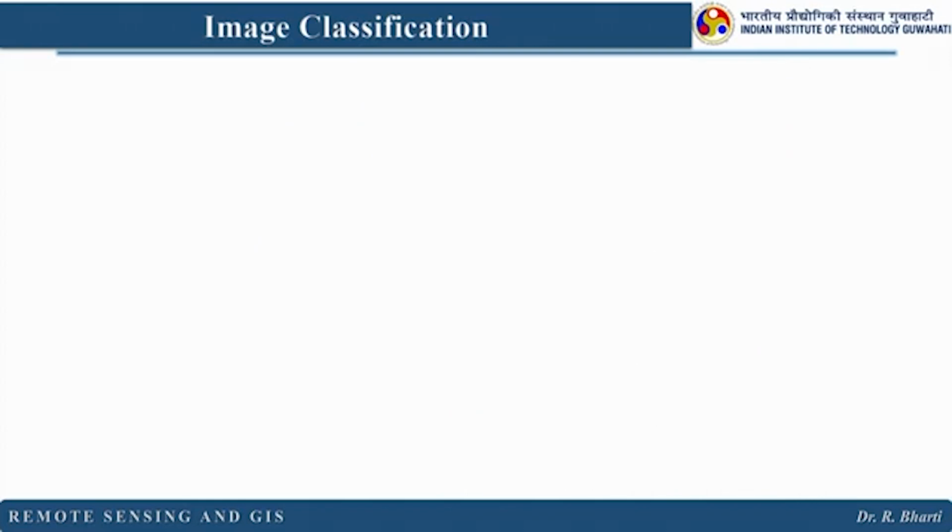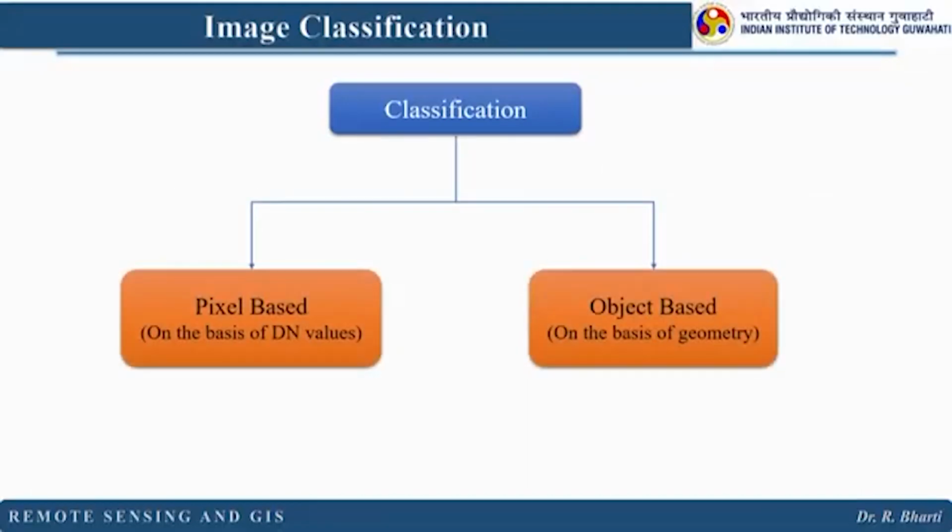Now there are different types of classification techniques, right. Here we will see there are two different categories. The first one is pixel based, the next one is object based. Pixel based means on the basis of DN values, but in case of object based, on the basis of geometry. So can you think of some logic why we have made two different categories?